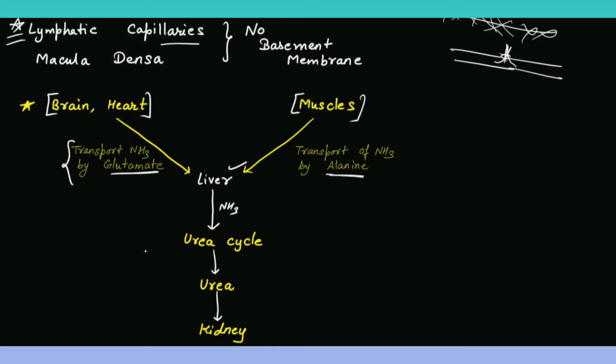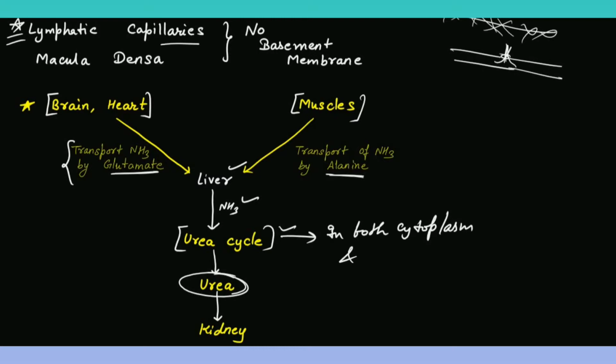Alanine takes it from the muscles. The ammonia is then converted into urea with the help of the urea cycle, which occurs in the liver, in both the cytoplasm and mitochondria.